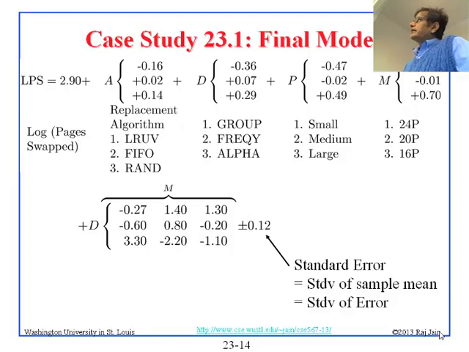Then D, then P, then M, each of them at 3 levels, plus a matrix here, which you select based upon the D level and M level, plus or minus the standard error, which is the standard deviation of error. So this is another term that you will see quite a bit. I don't know whether we introduced this so far, but standard deviation of error is also called standard error. Okay, and plus or minus 0.12.